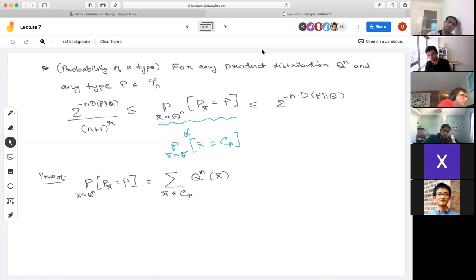So it truly came from Q, but it looks like P in the sense that the type is equal to P, or it's in the type class. My claim is that this probability is basically 2 to the minus n times the KL divergence between P and Q.